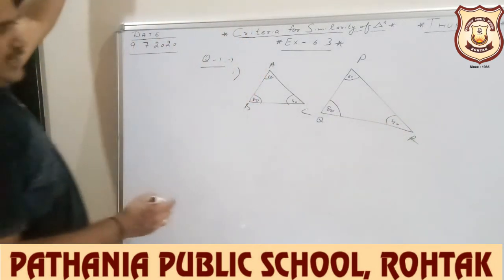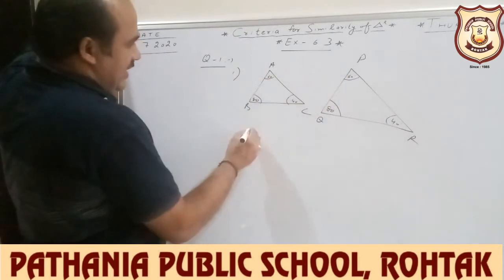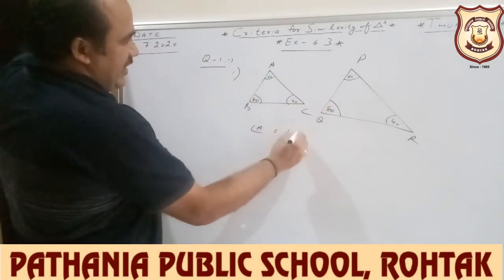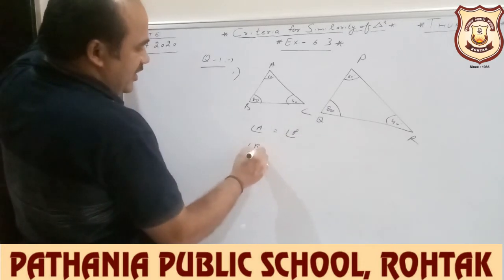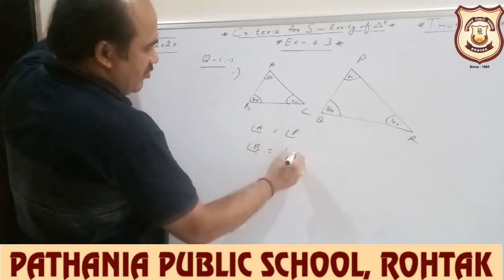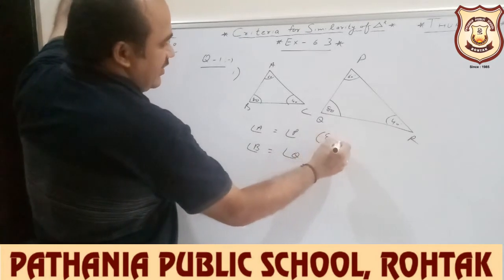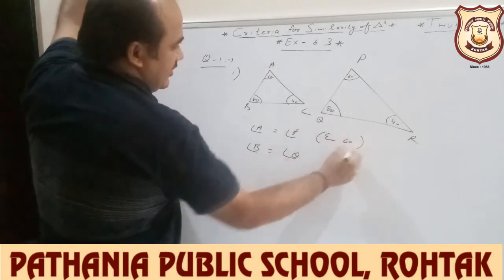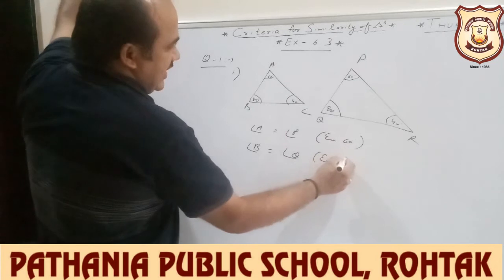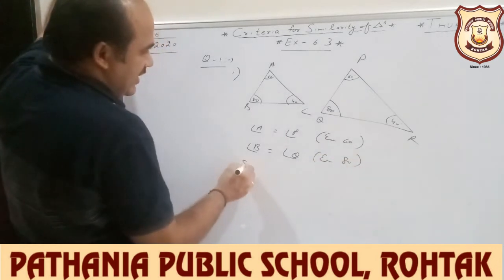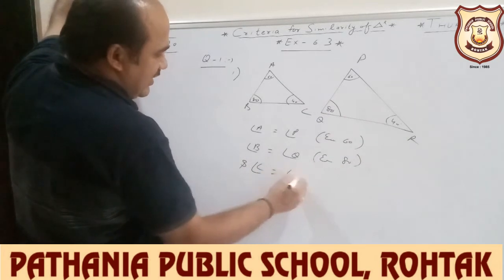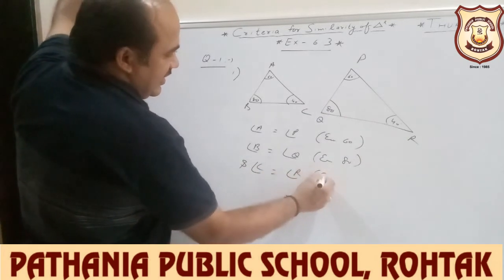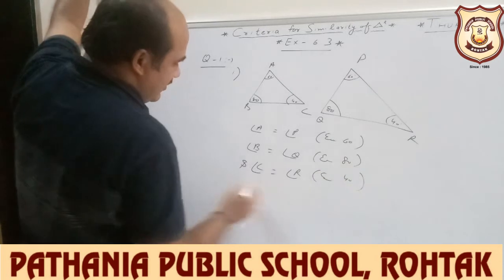So see students, angle A equal to angle P, angle B equal to angle Q, as 60 degrees and 80 degrees, and angle C equal to angle R, as 40 degrees.